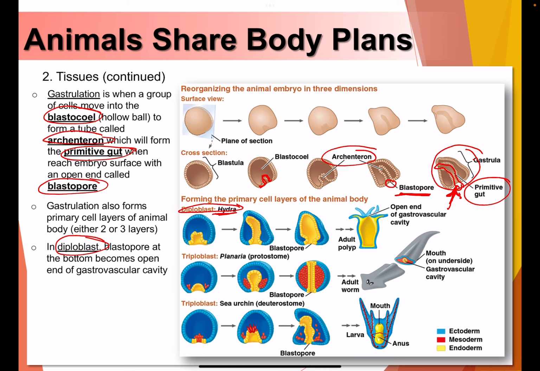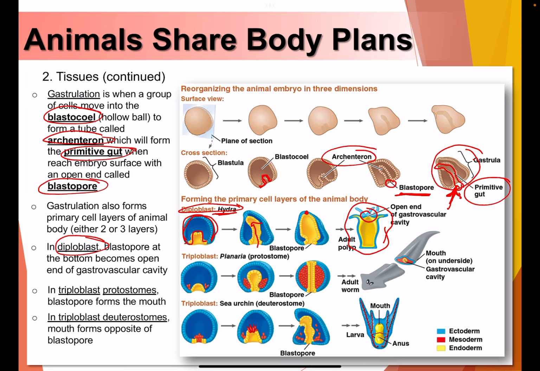For example, in the Hydra's case, you have this ectoderm on the outside, and the endoderm as yellow, slowly migrating upwards until you reach the top. And that's how you form this whole hydra with an opening at the top as your gastrovascular cavity opening to your gastrointestinal tract. The yellow layer is the endoderm, the blue layer is the ectoderm.